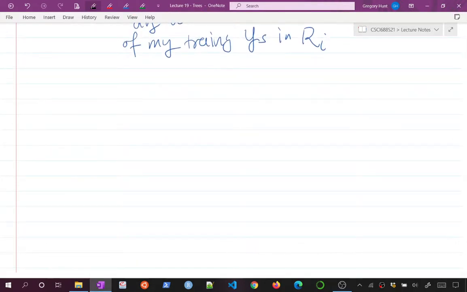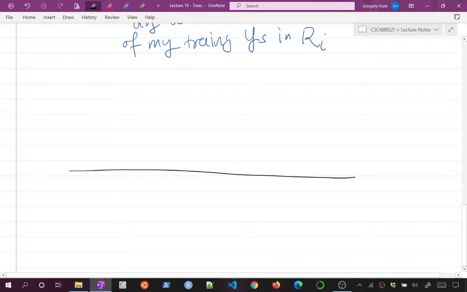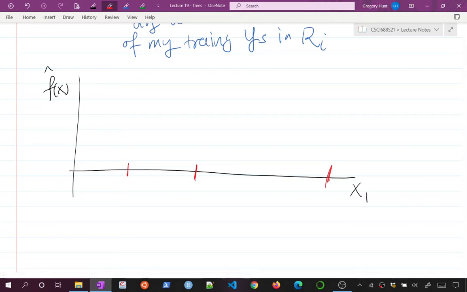So what you'll get at the end of the day, if I looked at this, for example, in a one-dimensional case, where I just have some x1, and I could look at f hat of x. In a one-dimensional case, splitting it into rectangles would just be splitting my space into segments here.